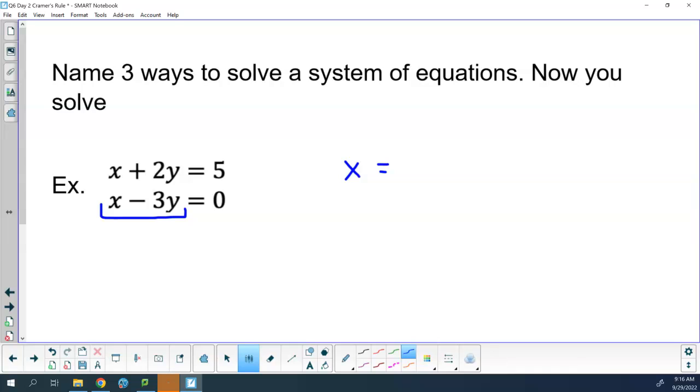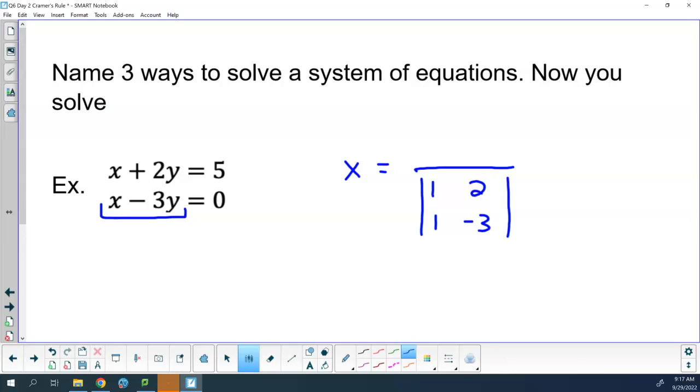So I'm going to take the coefficients of those, and I'm going to make a matrix out of them. And that's going to be my denominator. So we take our denominator, we call it D for the denominator. So matrix D is just the coefficients of your variables.